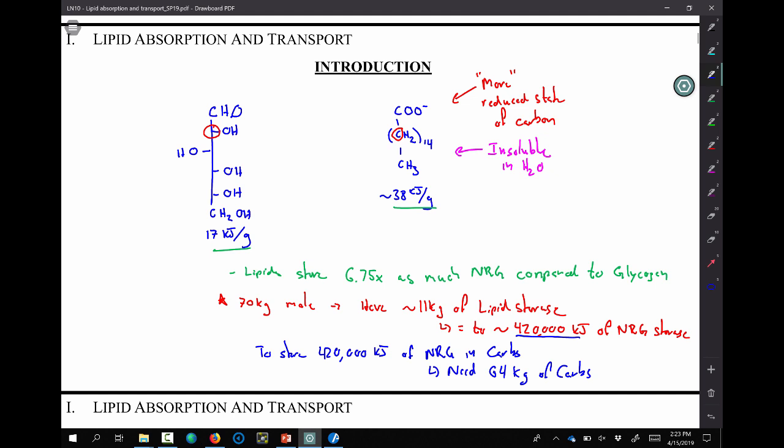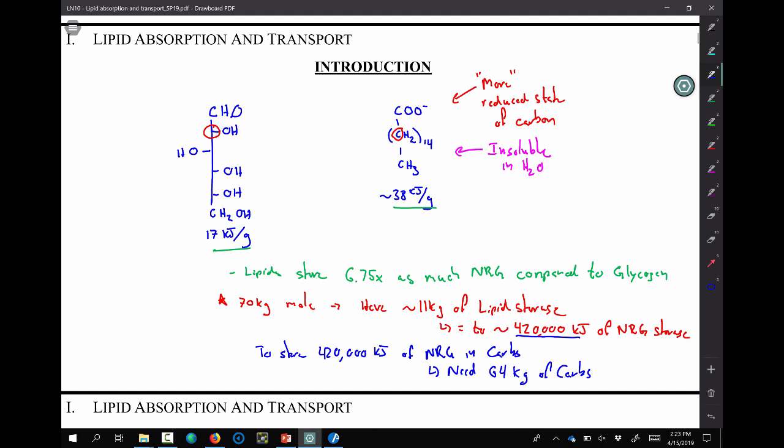Your body, when there's excess energy, will convert that energy to fat and store it in adipose tissue. So diets high in carbohydrates lead to lipid storage, not carbohydrate storage. Questions on that? Fascinating stuff. That's an introduction to this.